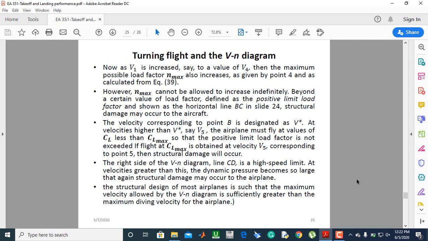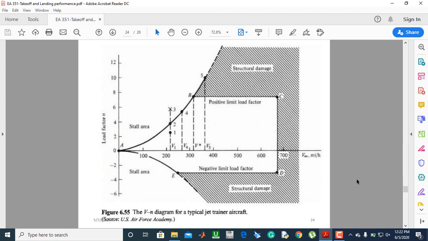Structural damage may occur to the aircraft. So, as I said, if you increase the velocity from v1 to a new velocity v4, even the maximum load factor will increase as given by equation 39.